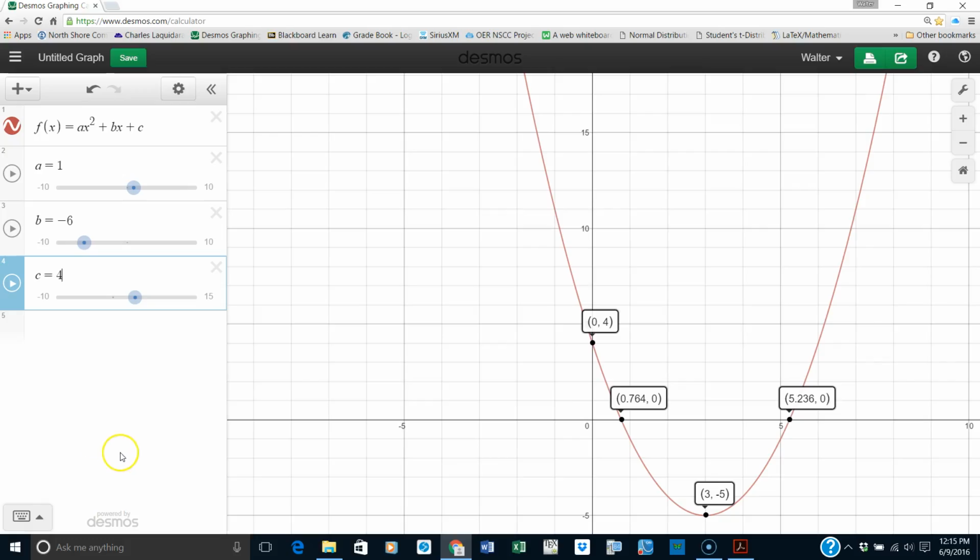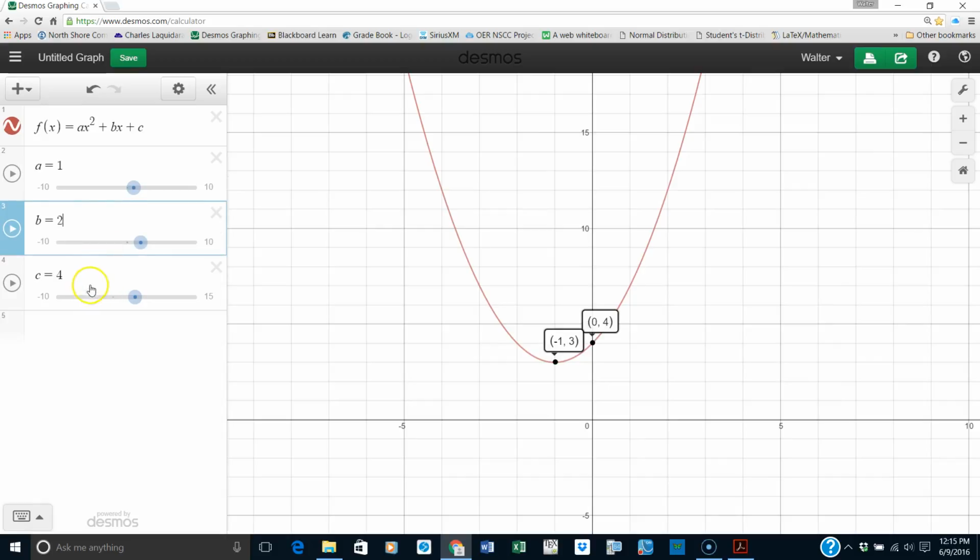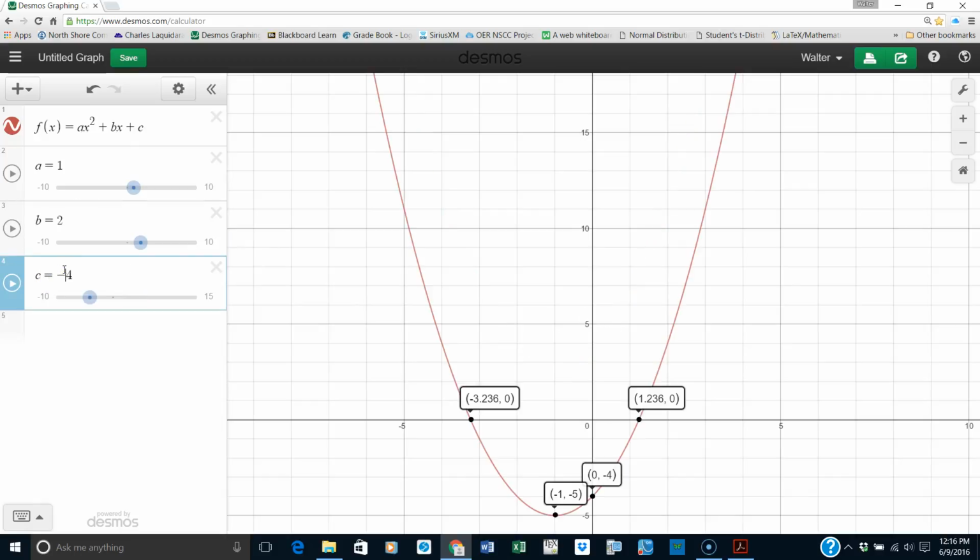So I'm getting a vertex of negative 1, negative 5. If we go and change b to 2 and c to 4, well, actually it should be b is positive 2, c is negative 4.